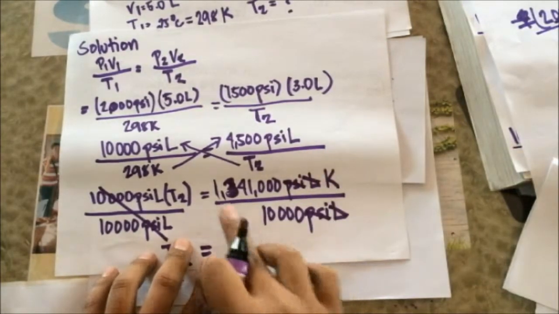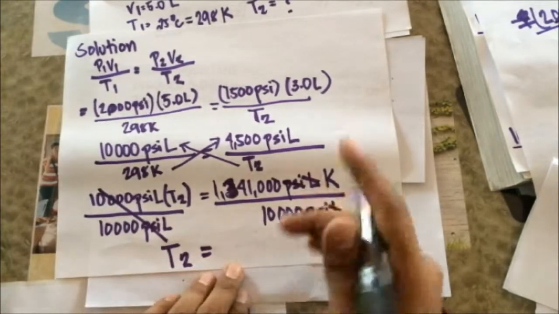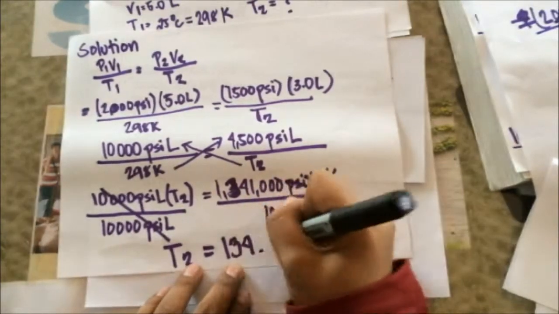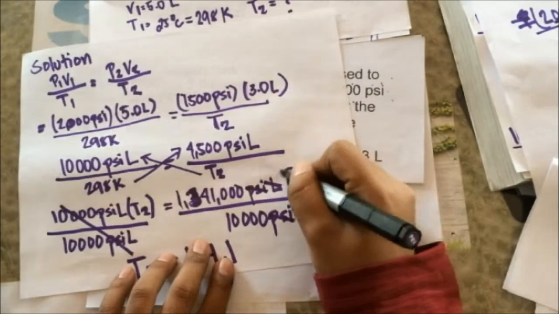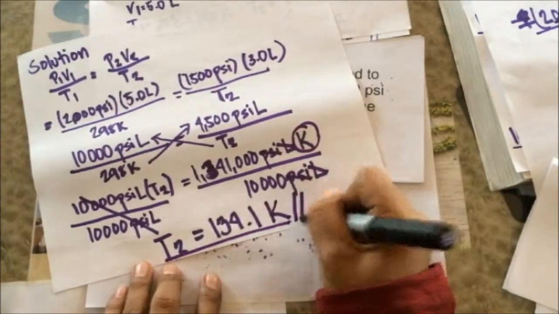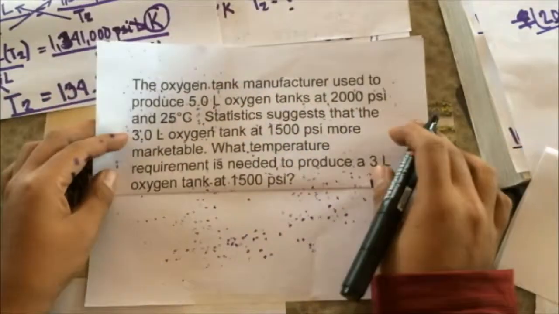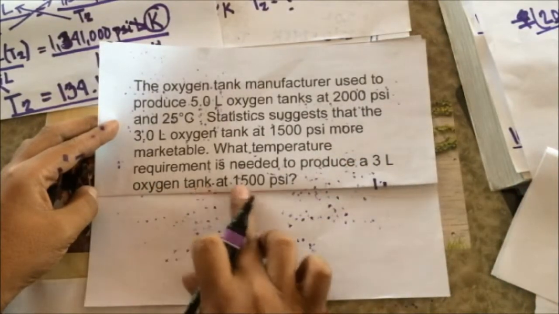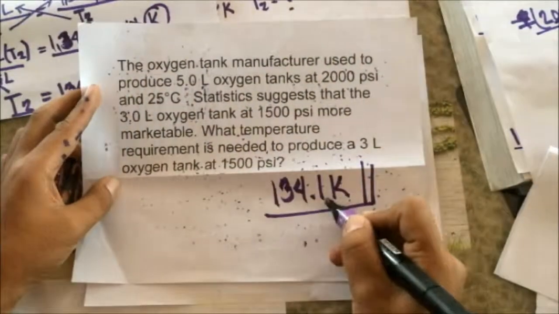So what I'm going to do is divide 1,341,000 by 10,000, which makes up to 134.1, and the unit that is actually left is Kelvin. So there you go, the answer is 134.1 Kelvin. The temperature that is needed to produce a 3.0 liter oxygen tank at 1500 psi is this 134.1 Kelvin.